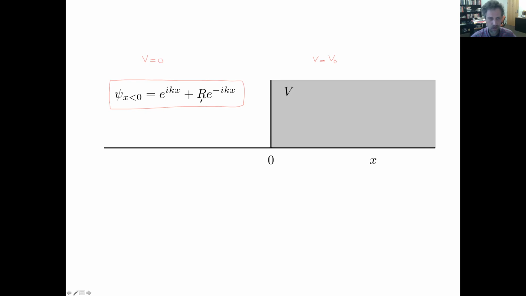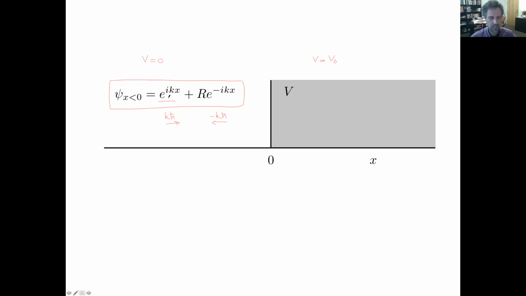Why do I call it reflection? Because basically, the first part of the wave function, this guy, is really what describes the particle moving to the right, because it has a momentum of k h bar. So this part is k h bar, which means it moves to the right. This guy here has also k h bar, but it moves to the left because there's a negative sign.